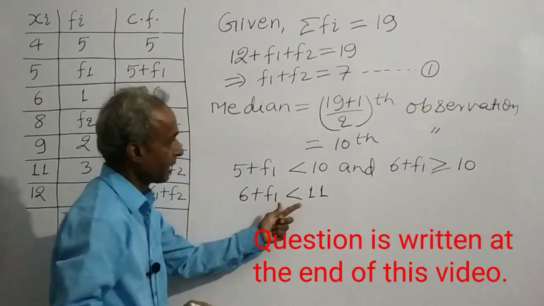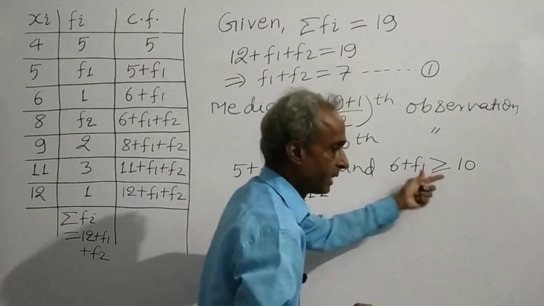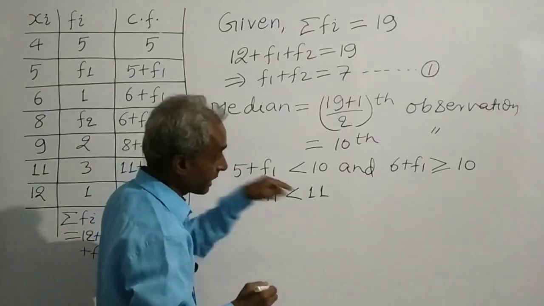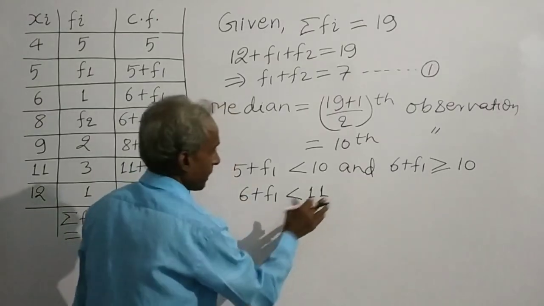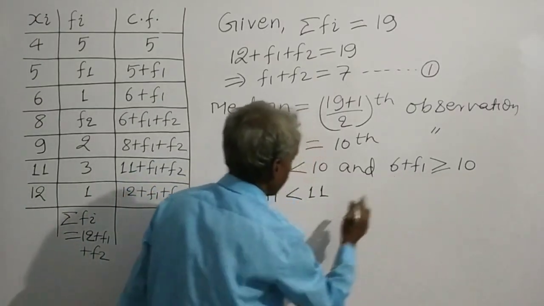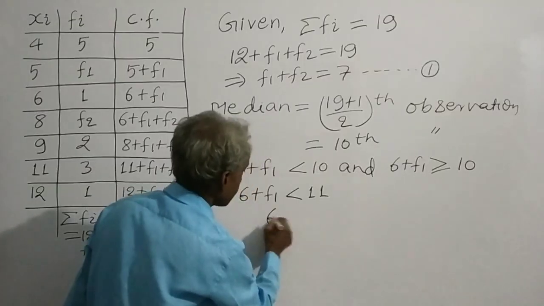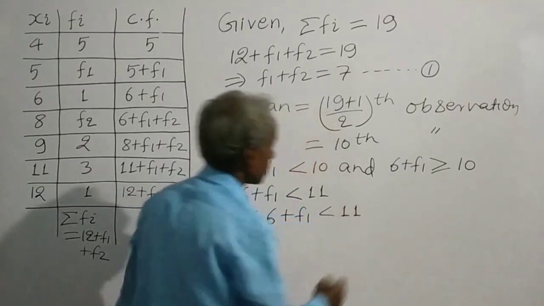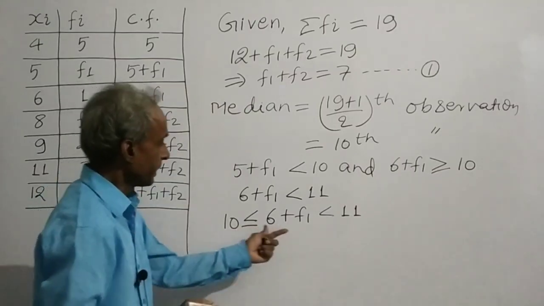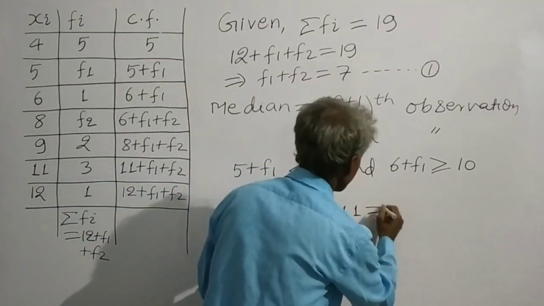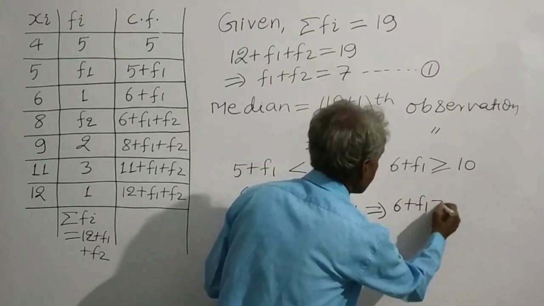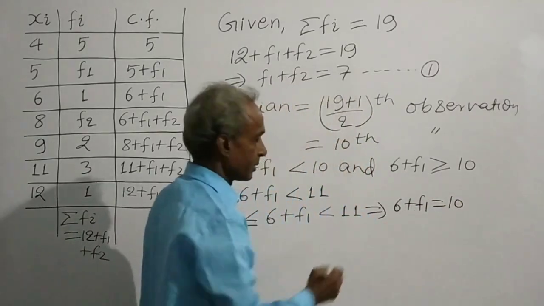From this and this, it follows that 6 plus F1 is equal to 10.